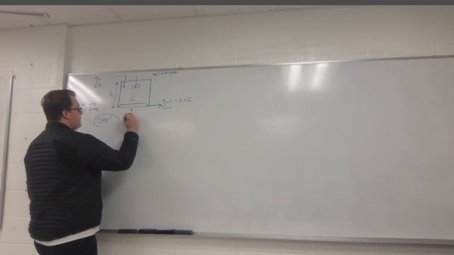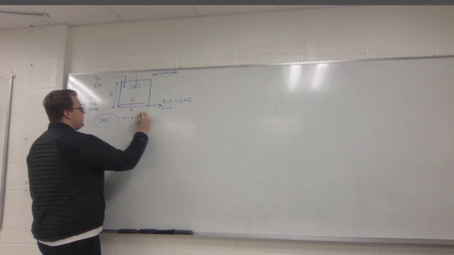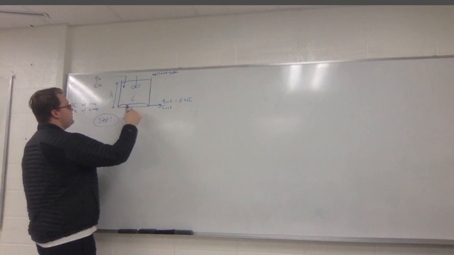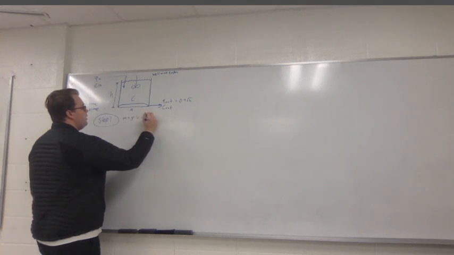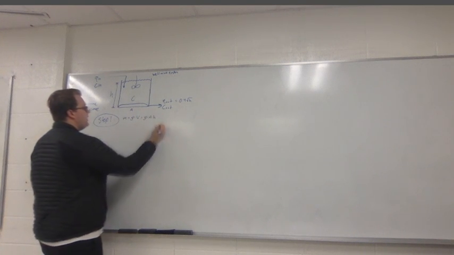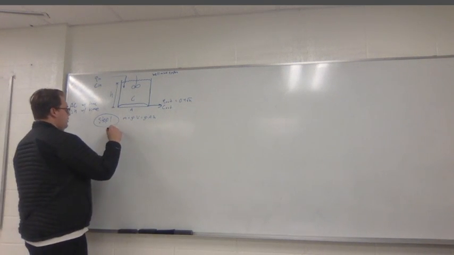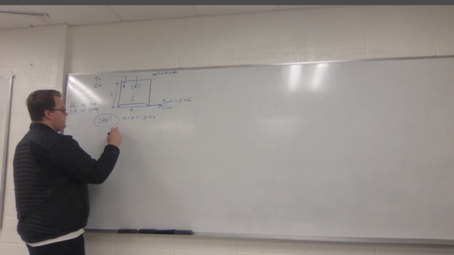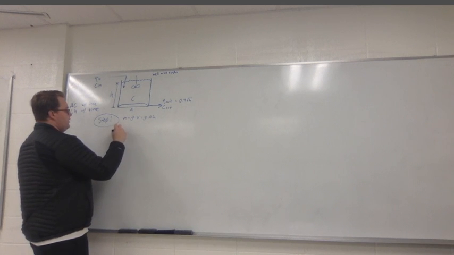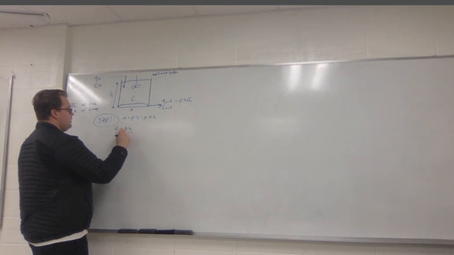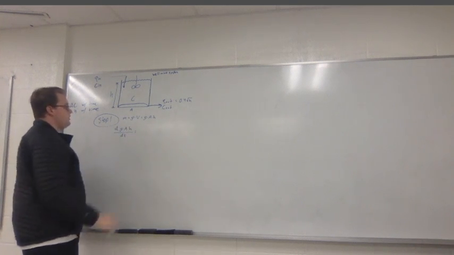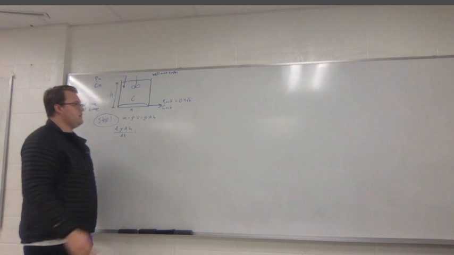And we know that mass is equal to density times volume, or in this case, volume will be area times height. So again, with respect to time, this is going to be d of density times area times height over dt, with respect to time, is equal to mass in minus mass out.